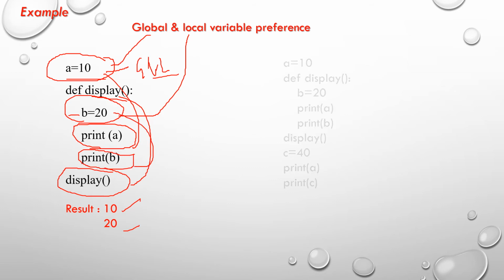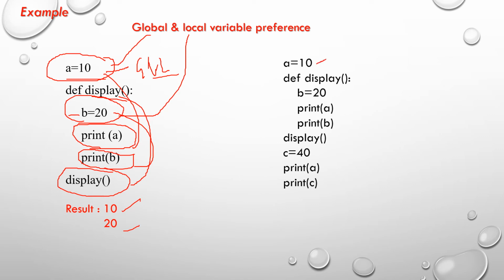Let's consider one more example. Here a is equal to 10, so this is the global declaration, and the function def display, the function name is display. Here we declare b is equal to 20, and the print statements are print a and print b, and here we call the function.